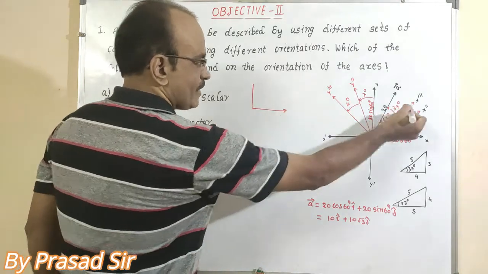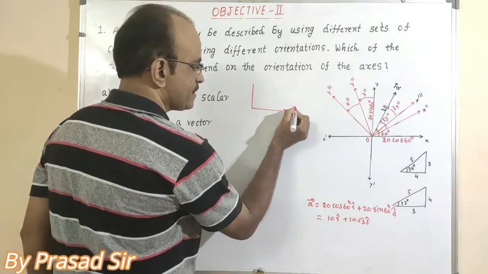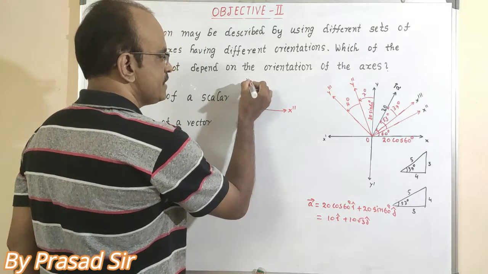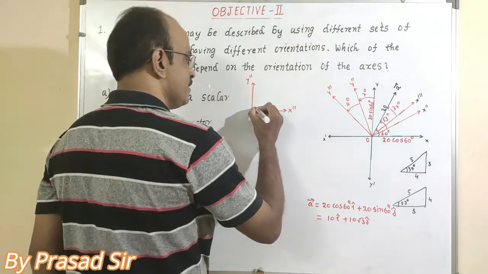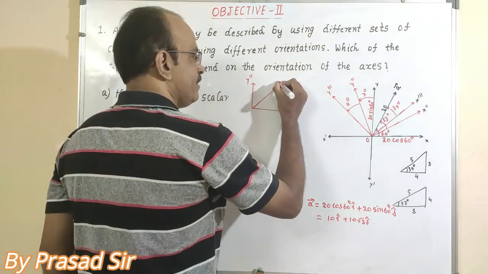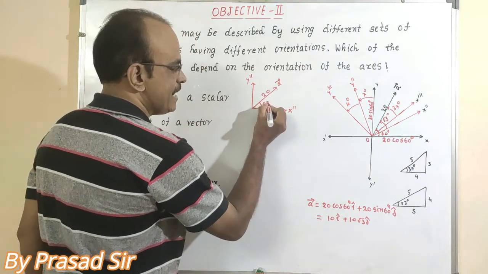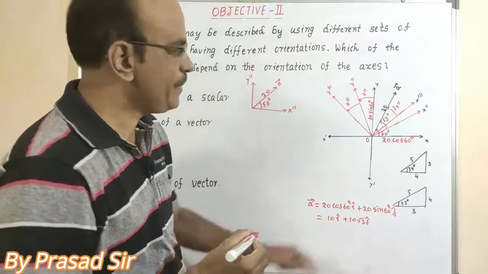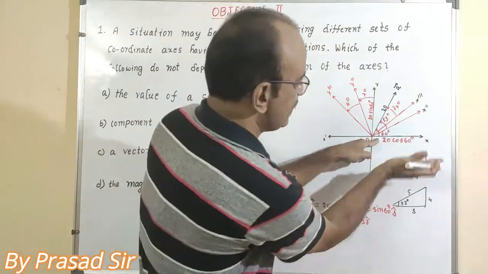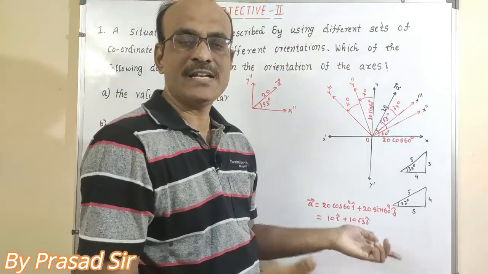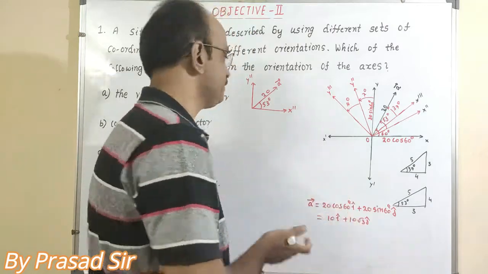Here, this is the x double dash, this is the y double dash, and this is the vector of magnitude 20. What is the angle here? 53 degrees. Why? Because initially 60, rotated 7 degrees, so 60 minus 7 is 53.